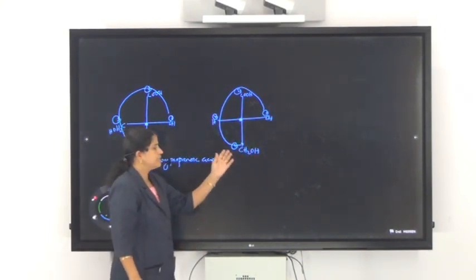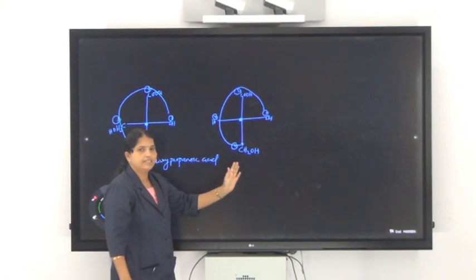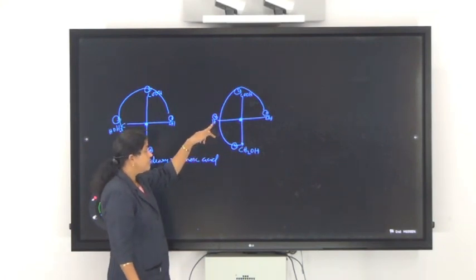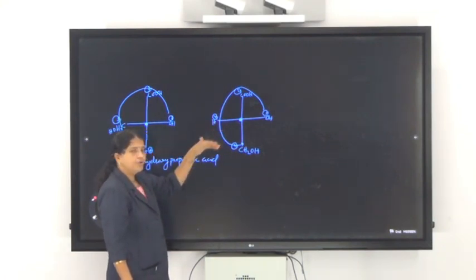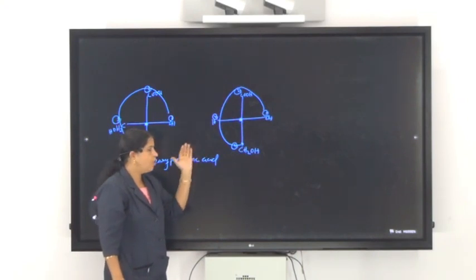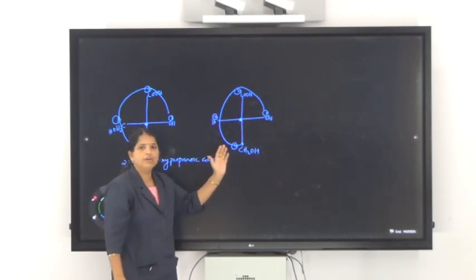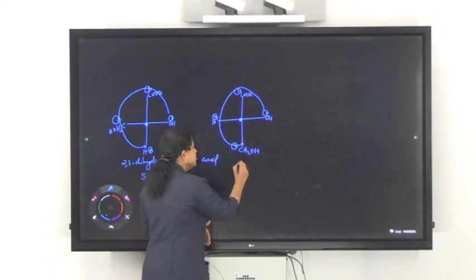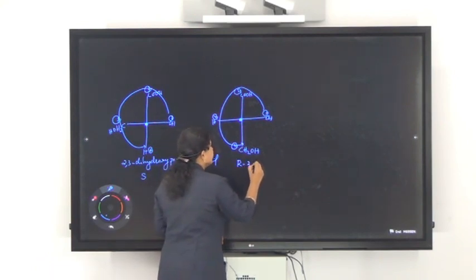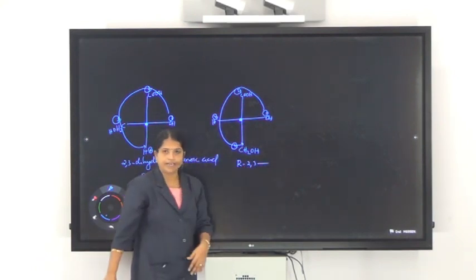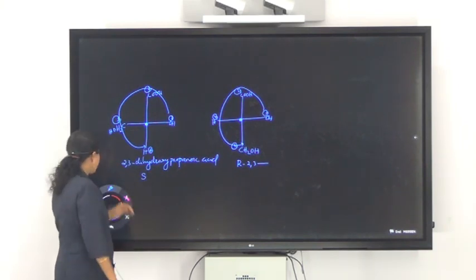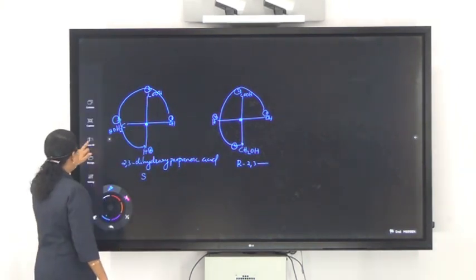Normally, anti-clockwise direction means S notation. But look at the lowest priority group, which is pointing towards us. Therefore, take the opposite of what we obtained from the front side. Therefore this is R-2,3-dihydroxypropanoic acid.